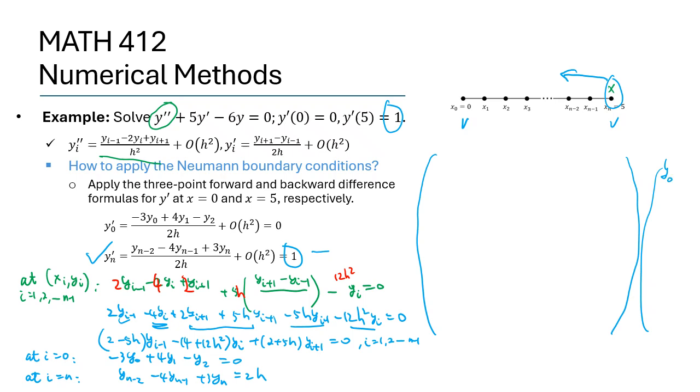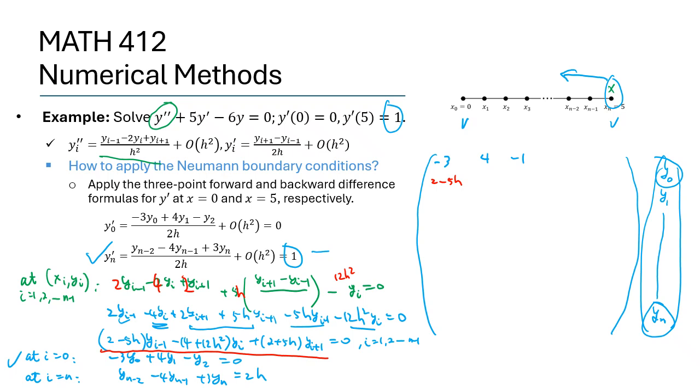Now we set up the system with the unknowns y0, y1, up to yn. The first row is negative 3, 4, negative 1. For all the other rows except the last one, the equation is this one: at i is 1, you have 2 minus 5h, negative 4 minus 12h squared, and 2 plus 5h.